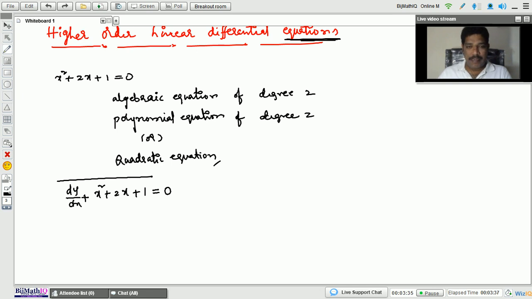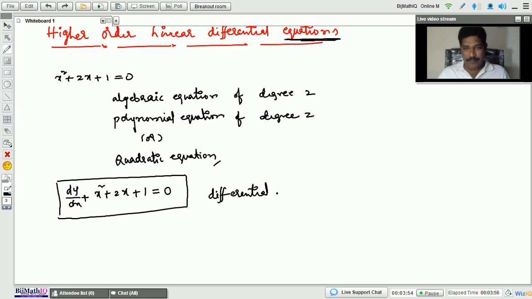Now one derivative is involved, so this equation is called a differential equation. An equation involving derivatives is called a differential equation.